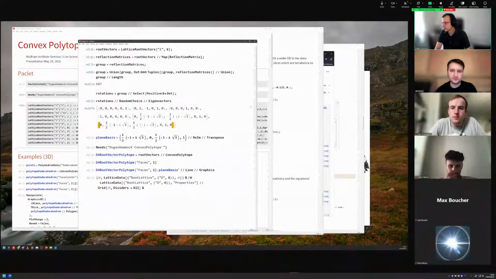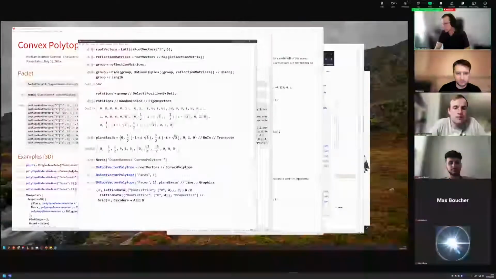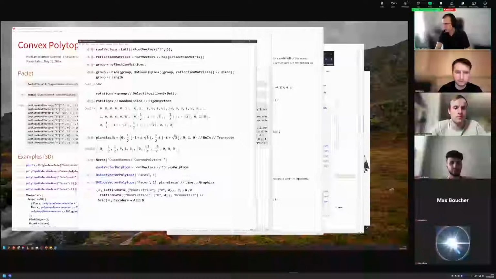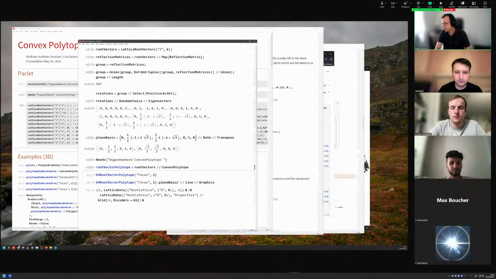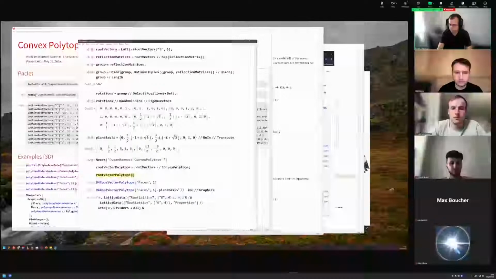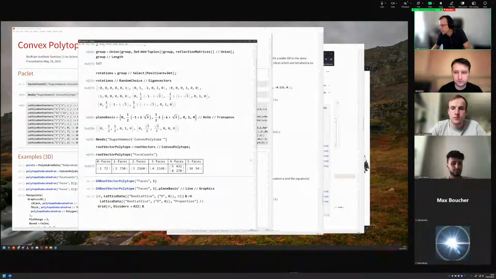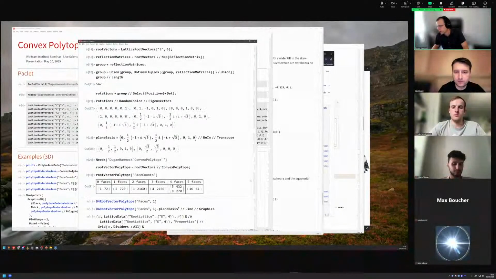There's one. Interesting decomposition on the 4-dimensional faces of the E6 root vector polytope.